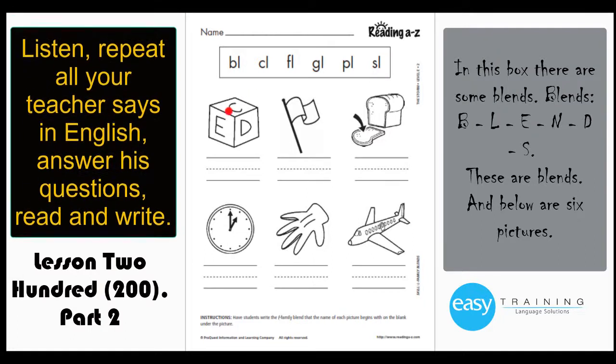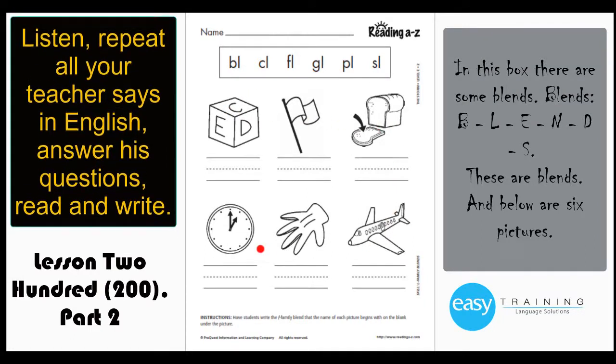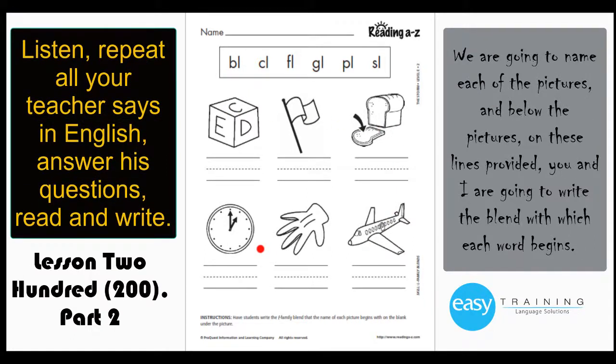And below are 6 pictures. We are going to name each of the pictures, and below the pictures on these lines provided, you and I are going to write the blend with which each word begins.